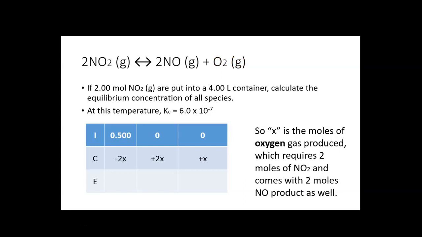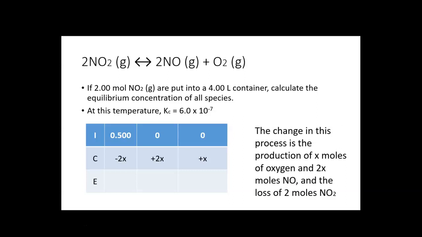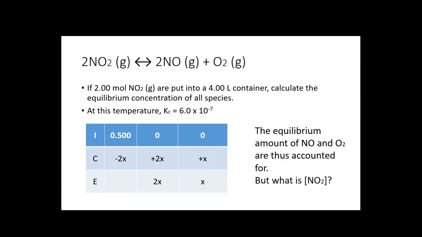This requires 2 moles of nitrogen dioxide to be consumed, and so that also comes with 2 moles of nitrogen monoxide product as well. The change in this process then is the production of X moles of oxygen and 2X moles of NO and the loss of 2X moles of NO2. So the equilibrium amounts of NO and O2 are thus accounted for.